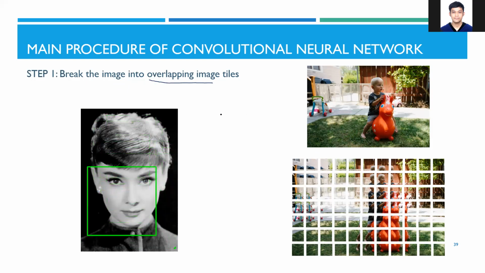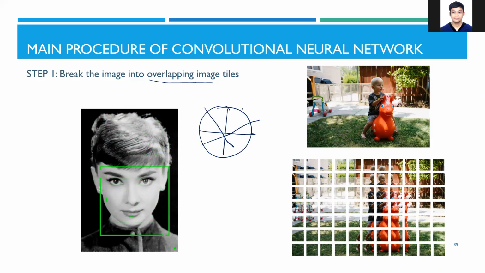Not like, for example, when we cut a birthday cake exactly like this, with no overlapping. No, not like this. We cut it into overlapping image styles. So you can see here there is an overlap between each piece. Why? Because at the end, we want them to connect to each other. So that's why we should have overlapping parts in the pieces of the picture.